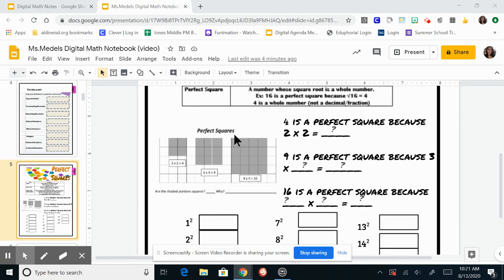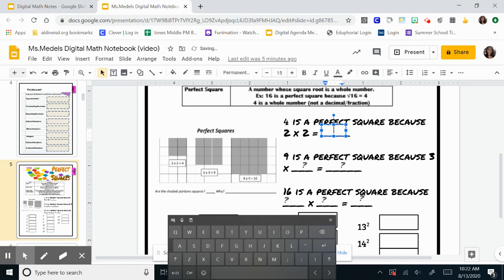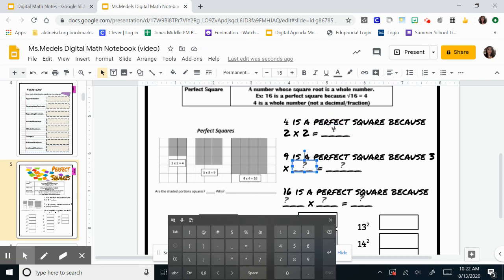So I gave you this and I asked, are the shaded portions squares? Why or why not? Let's look at it. The first square has 4 little squares shaded. So 4 is going to be a perfect square because we know that 2 times 2 is 4. 9 is a perfect square because we know that 3 times 3, which is the same whole number, is 9.